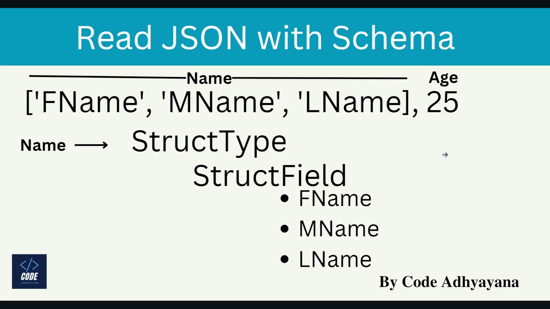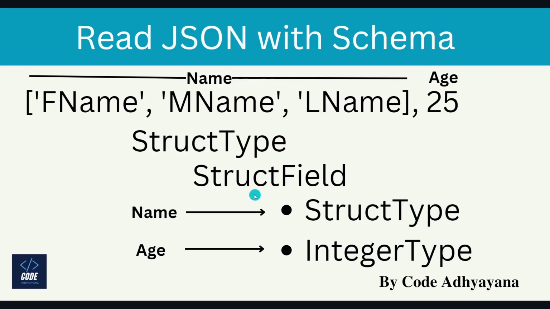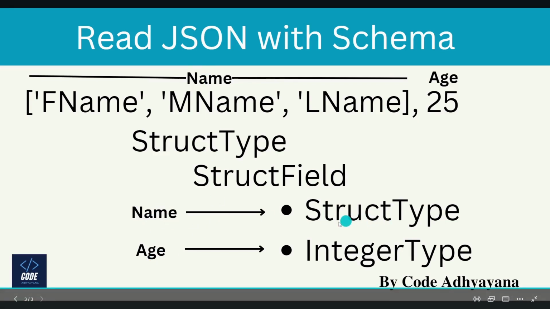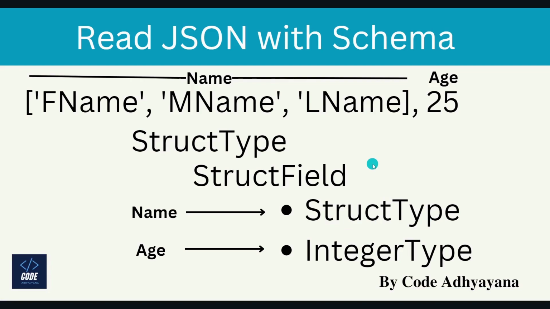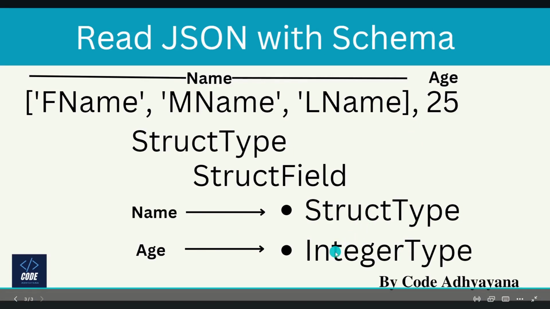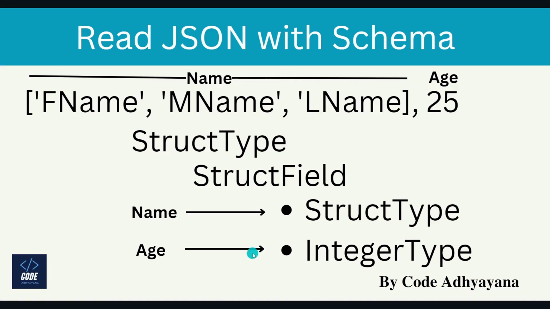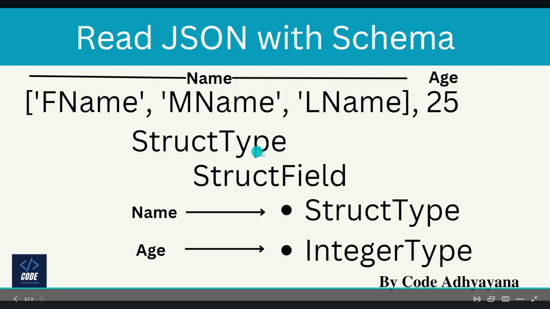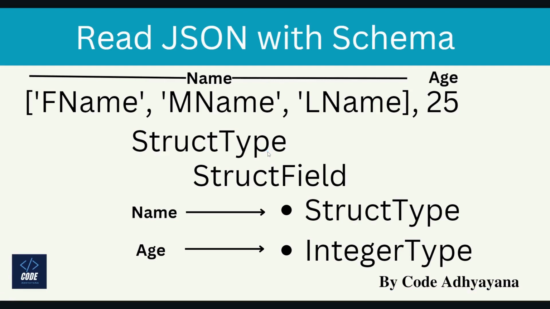Once that is taken care of, next we have to create one struct field, and this struct field again will use this name and the struct type which we have created earlier, and along with that we have age, and this is an integer type. And with these two struct fields, we are going to create one struct type. So this is kind of nested data. We'll see this in detail in the example.